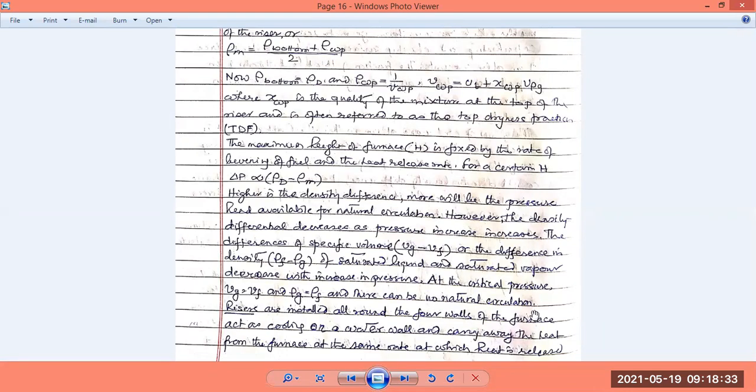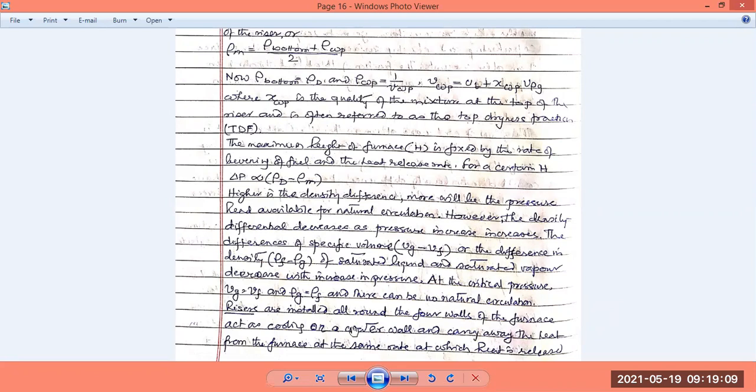Most of today's boilers are operated at critical pressure, because there is no separate vapor and water mixture; the fluid is immediately converted to the gaseous state. So there cannot be any natural circulation, because there is no difference between the densities and no differential pressure is created. Now, risers here are installed.